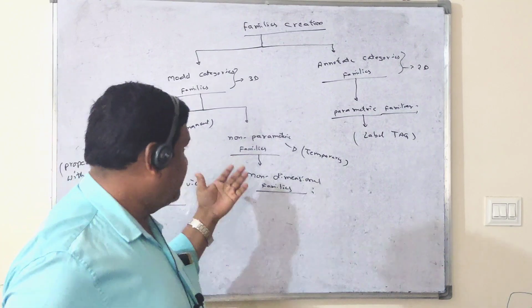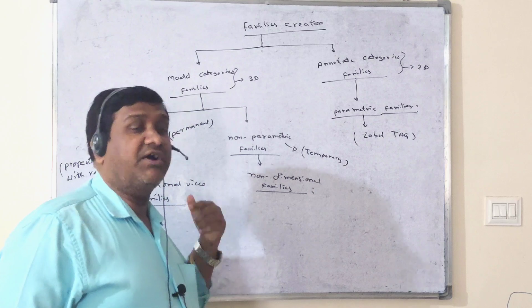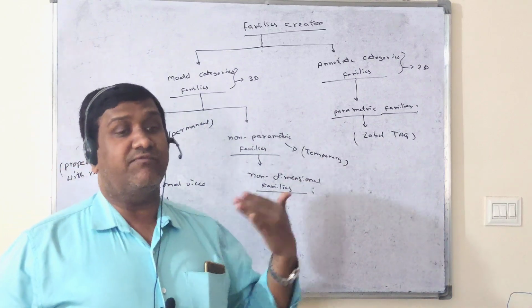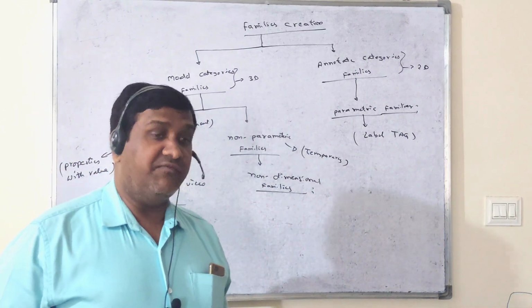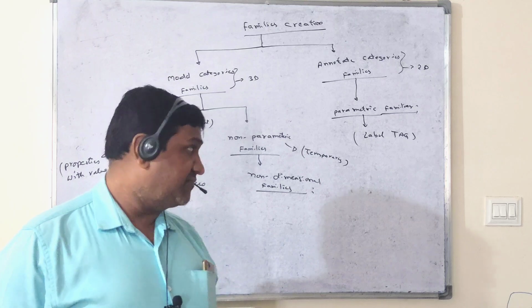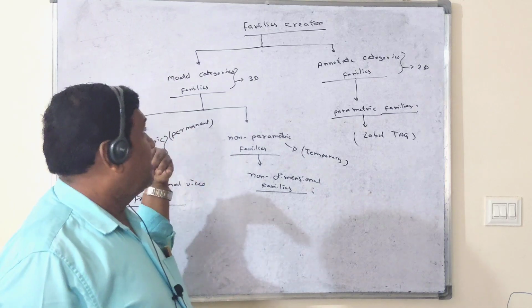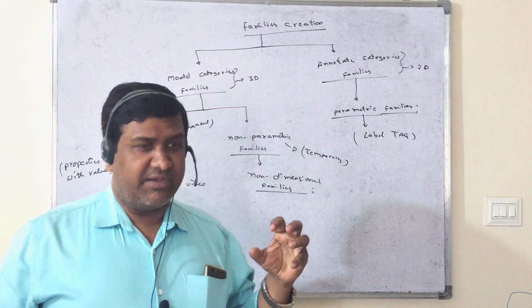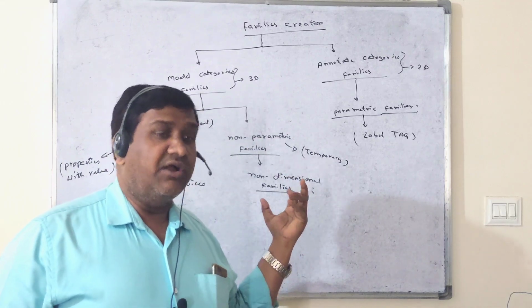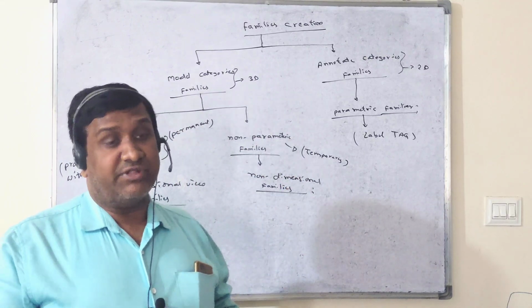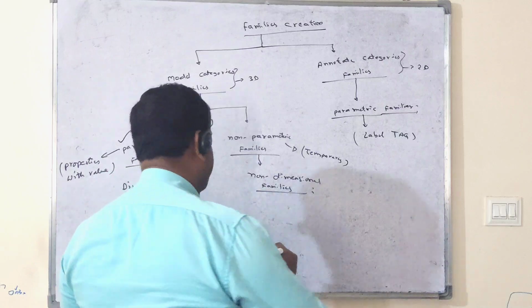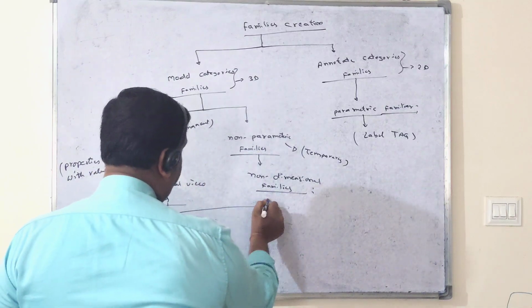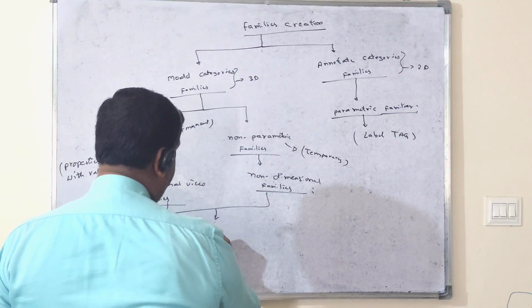Okay, so what is non-parametric? We have to know. What is parametric? We have to know. Because how we create the parameters also, we can understand in this view. When we create any family, whether non-parametric or parametric, we have to take template files.